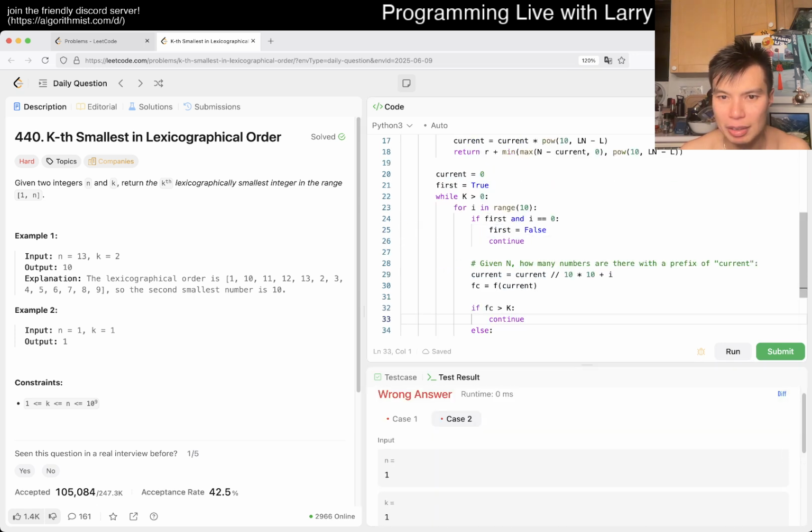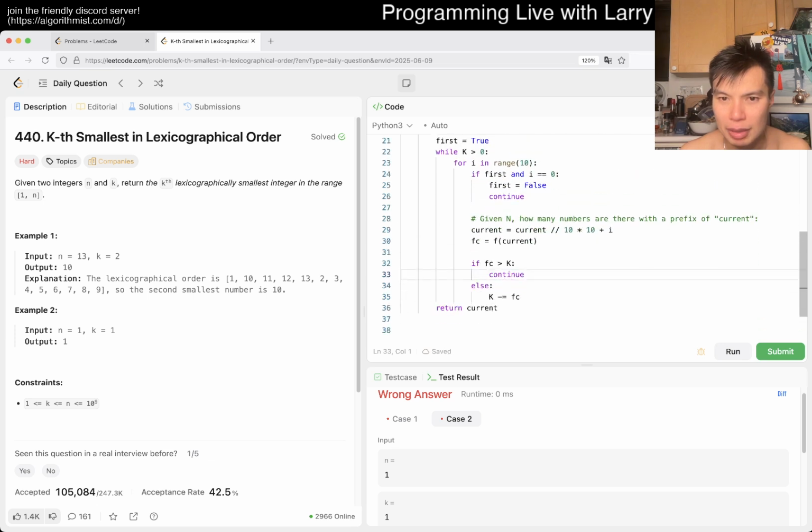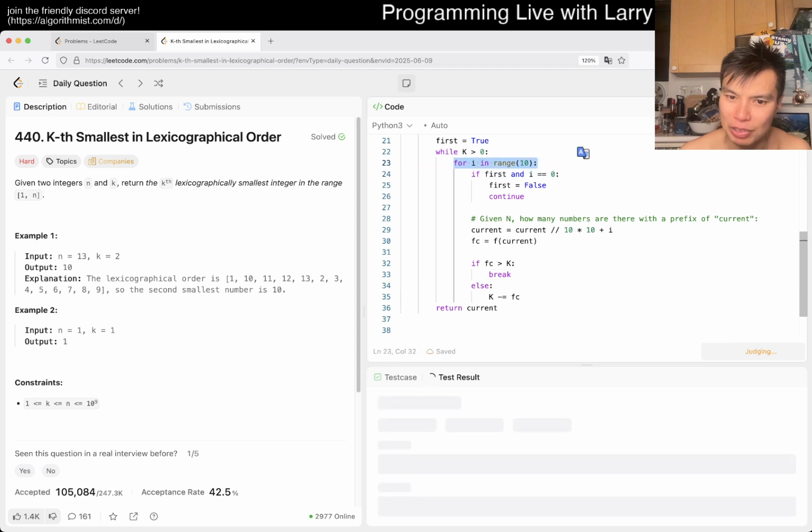What we want is, if it's equal to 0, then we... Continue is wrong. I meant break, actually, because I want to break out of this loop to go to the next k.